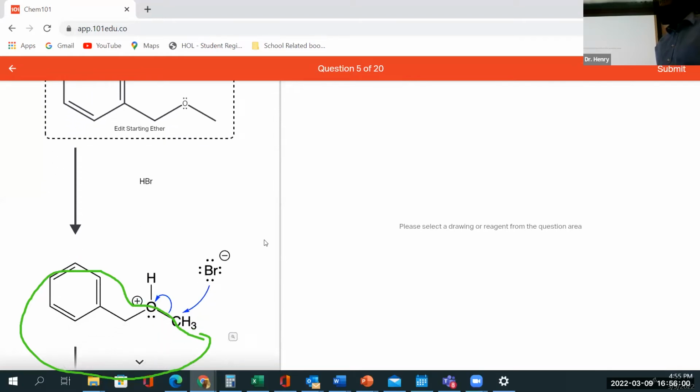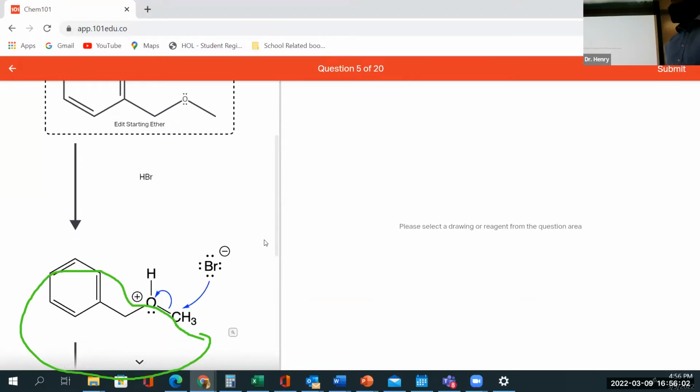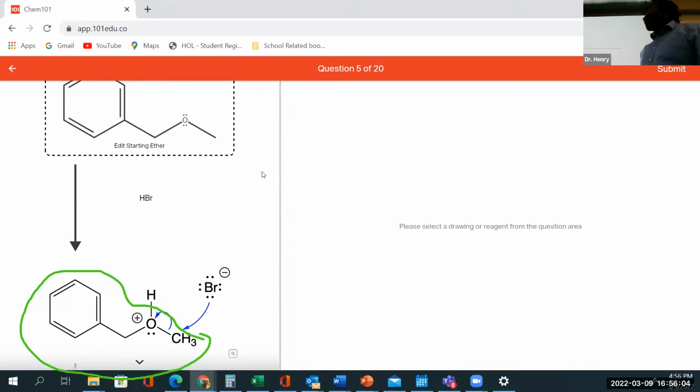Okay, so then we know what's going to happen. Who's going to be donating electrons in this case? Think about electrons. Where are the electrons going to be coming from in this case?